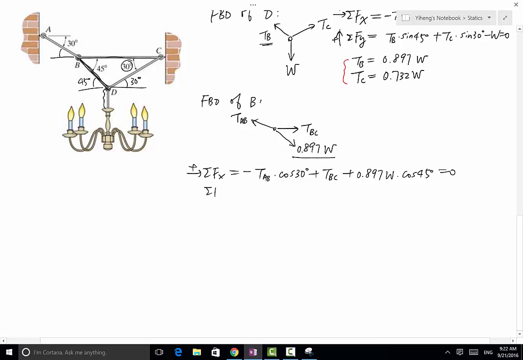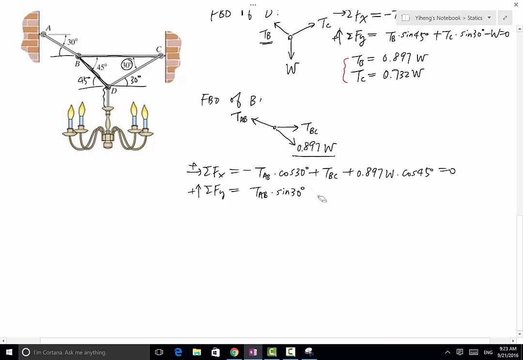And the resultant force along the y direction equals positive TAB times sine 30 degree, plus TBC doesn't have any vertical component, and this force right here has a vertical component that is negative 0.897 W times sine 45 degree, equals 0.